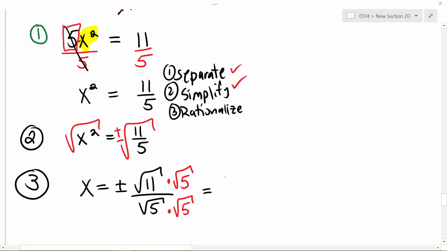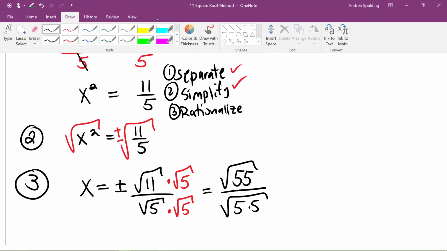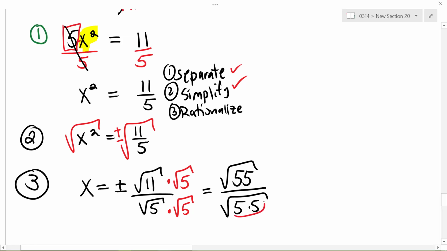Okay, so inside times inside, the answer stays inside. So at the bottom I get square root of 5 times square root of 5. Okay, the whole point is that we created a group of 2 underneath on the bottom. Circle it, cross it out, bring one representative out.